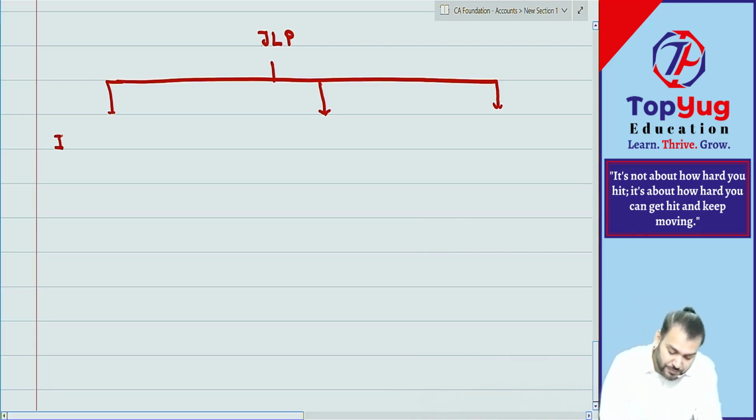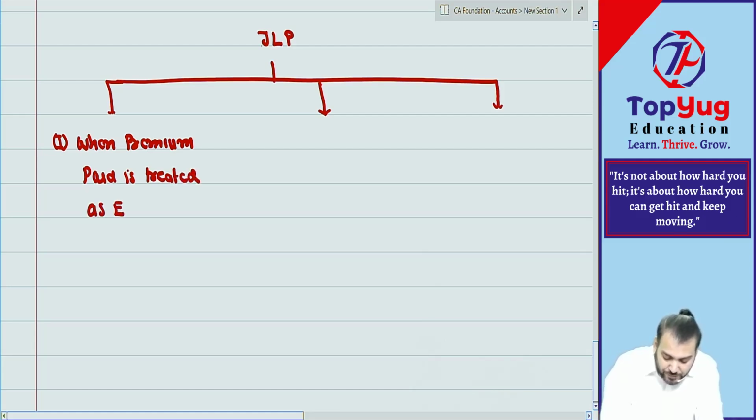First, point number one: when premium paid is treated as expense. Understood?